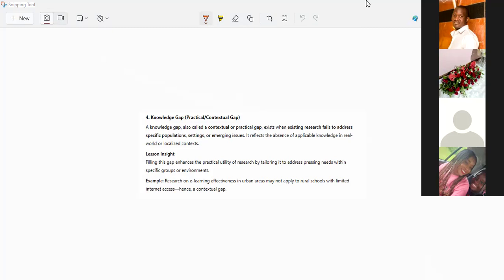Number three, what gap? Methodological gap. And lastly, the knowledge gap. It is also called a contextual or practical gap. It exists when existing research fails to address specific population, settings or emerging issues.